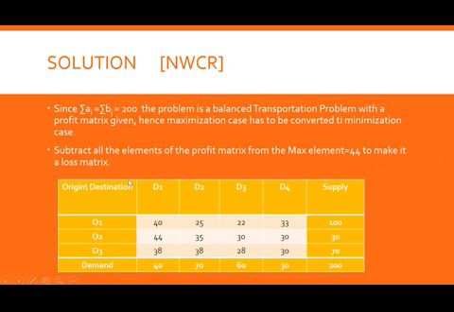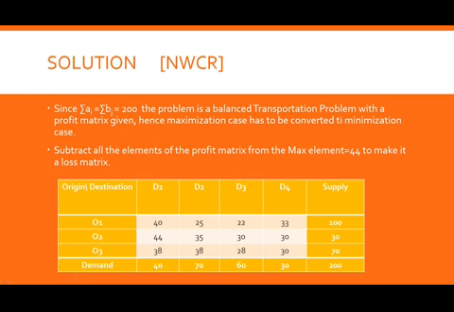So 44 minus 40 will give you 4, 44 minus 25, 44 minus 22, 44 minus 33, 44 minus 44, 44 minus 35, 44 minus 30, 44 minus 30, 44 minus 38, 44 minus 38, 44 minus 28, and 44 minus 30.